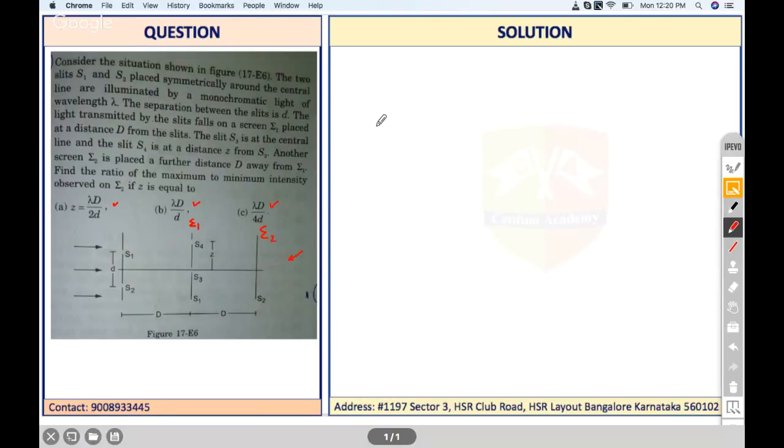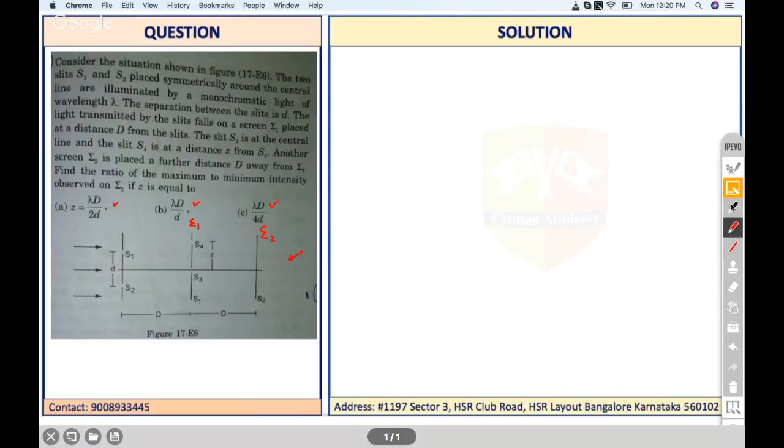Let us try to see. First of all, you need to understand that if you just look at S3, S4, and this screen sigma 2, it's like a Young's double slit experiment. But before going to screen 2, there will be an interference on sigma 1.